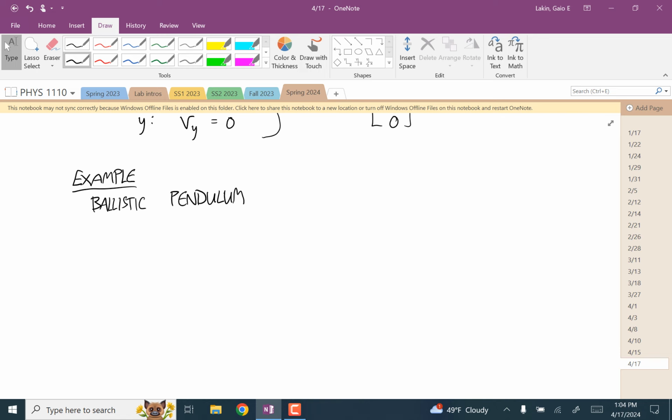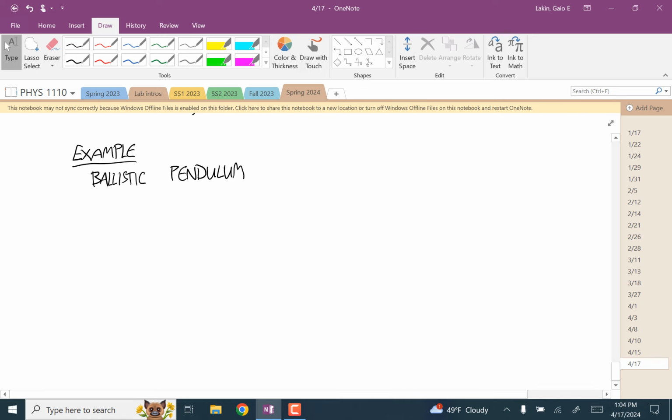But they did used to be able to measure that speed, and they did it with this thing called the ballistic pendulum. So what you have is a mass that's hanging from some kind of string. They actually set it up with multiple strings so it's more stable. Let's say this is 1 kilogram.